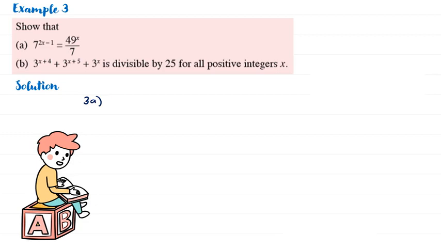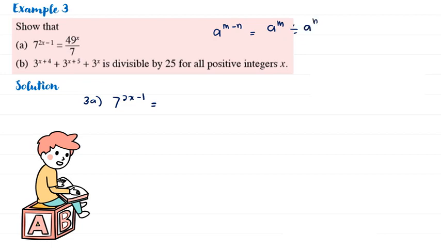Okay, so 7 to the power of x minus 1. This one is minus, the index is minus, so it comes from this formula: a to the power of m minus n is actually a to the power of m divided by a to the power of n.